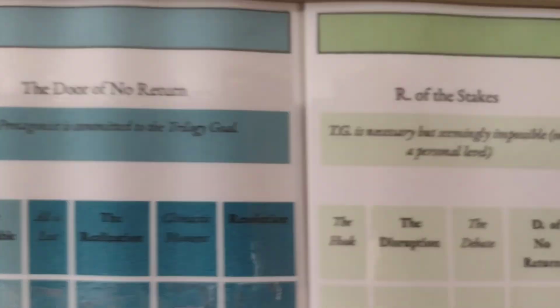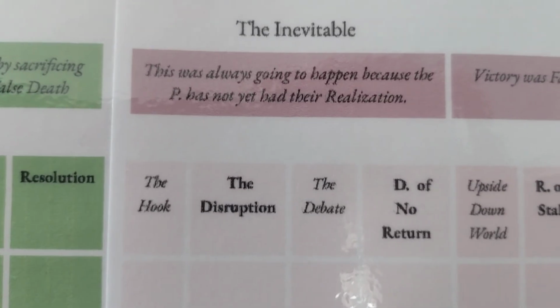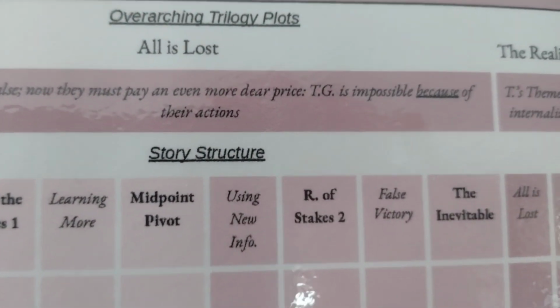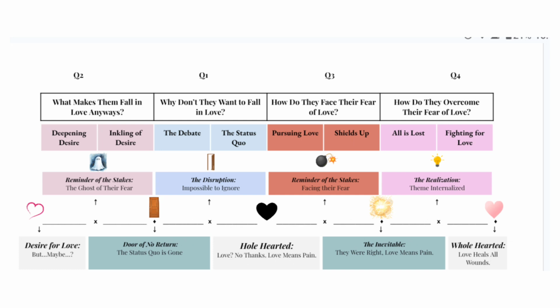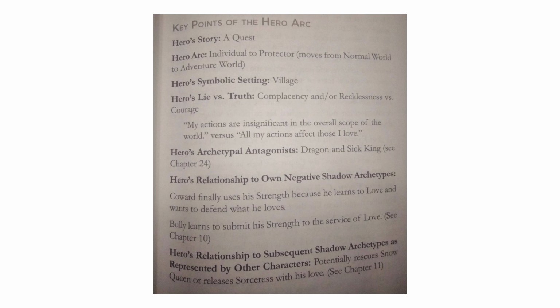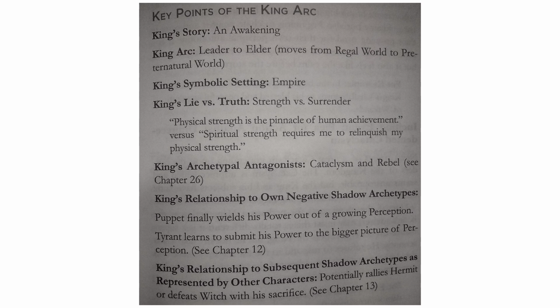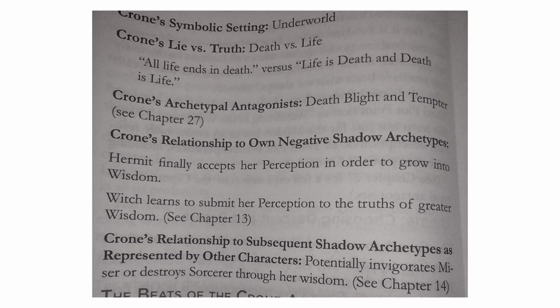And then in the third video in the series, I'll talk about how I'm using this template to plot my specific trilogy, also using romance beats that I've adapted from Gwen Hayes' book, Romancing the Beat, and where I'm going to put those within my trilogy, and also where I'm going to put archetypal character arc beats as conceptualized by K.M. Weiland in her book, Writing Archetypal Character Arcs, because my two main characters in the trilogy are going to be going on, respectively, the hero arc, queen arc, and king arc for the protagonist, and for my secondary main character, the king arc, the crone arc, and the mage arc.